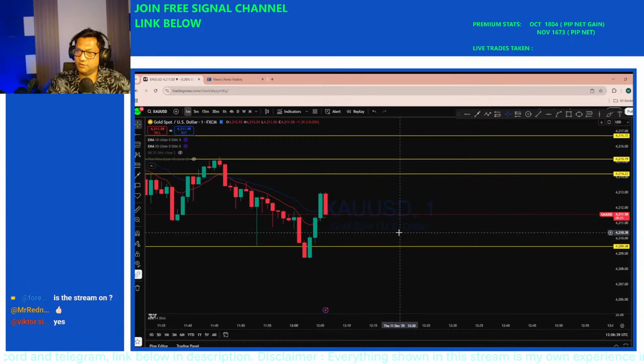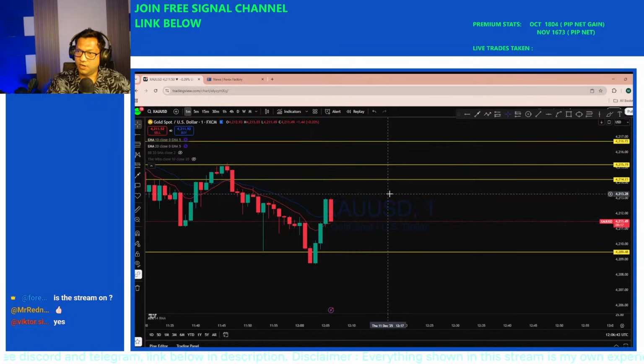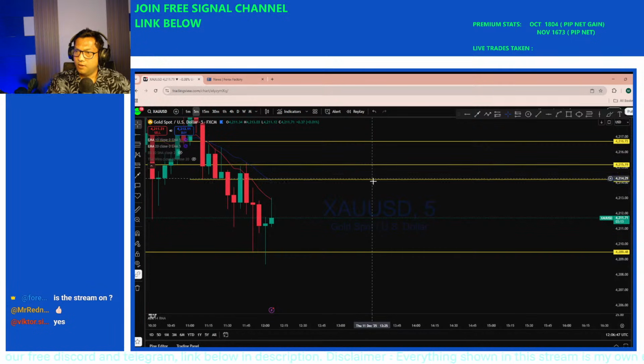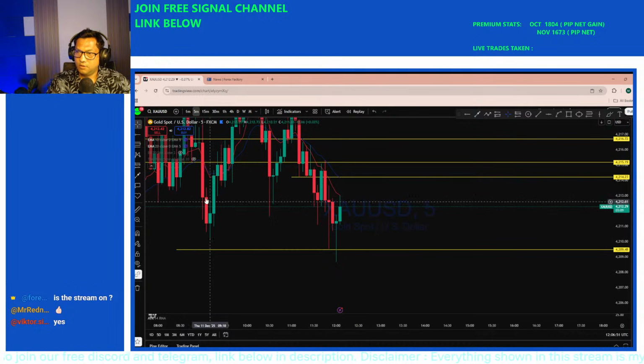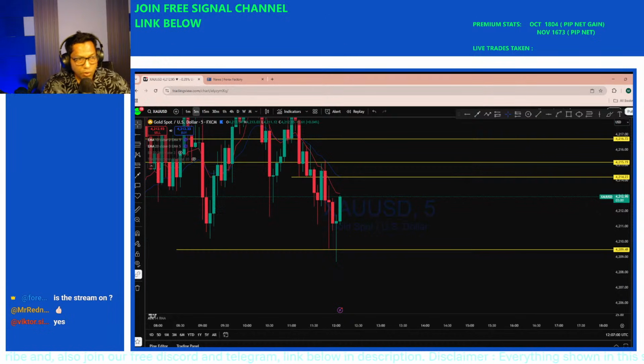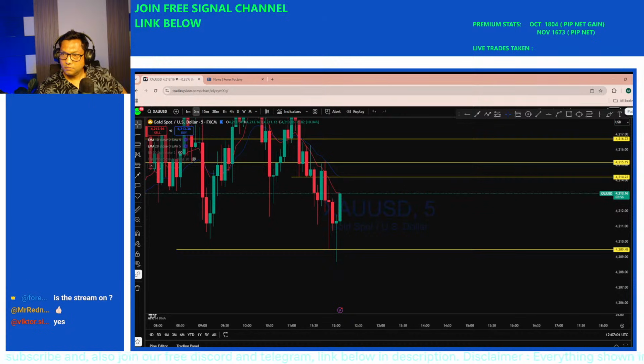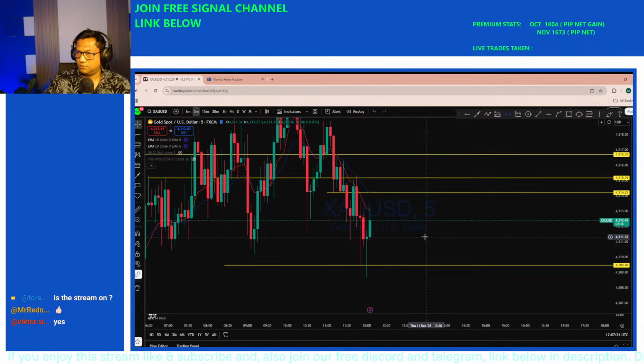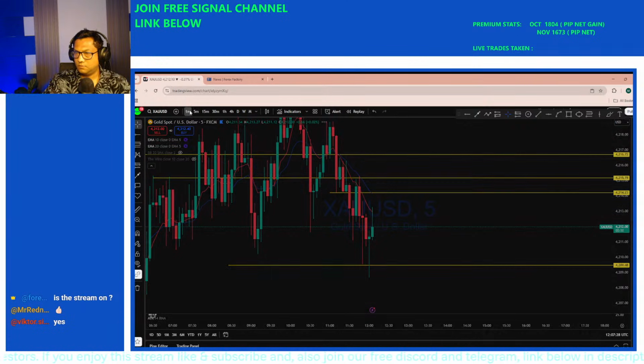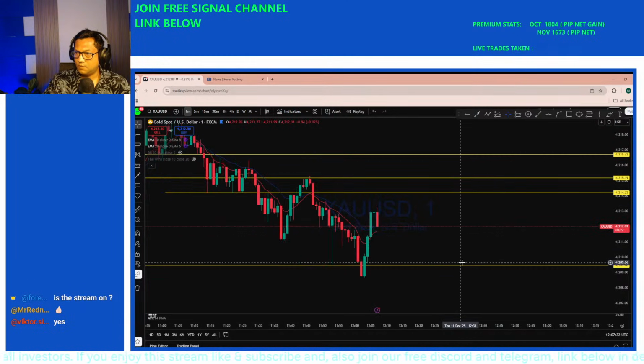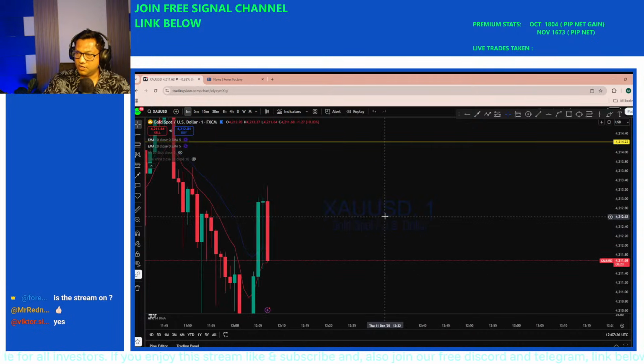There is a breakout structure, and the price is now slowly trying to create that downtrending move. Creating bearish price action at the moment.